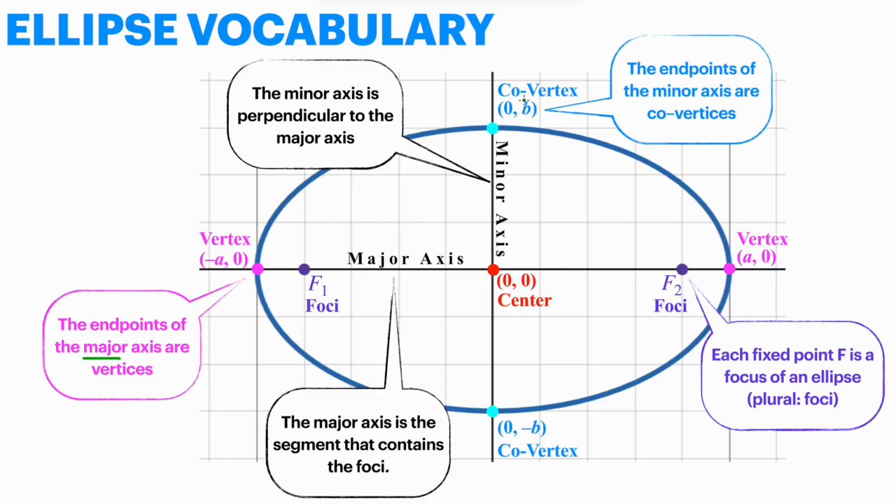The co-vertex is the endpoint of the minor axis. The center could be 0, 0, or it could be moved somewhere else on the coordinate plane. The two fixed points are called foci, which is the plural form of focus of an ellipse.